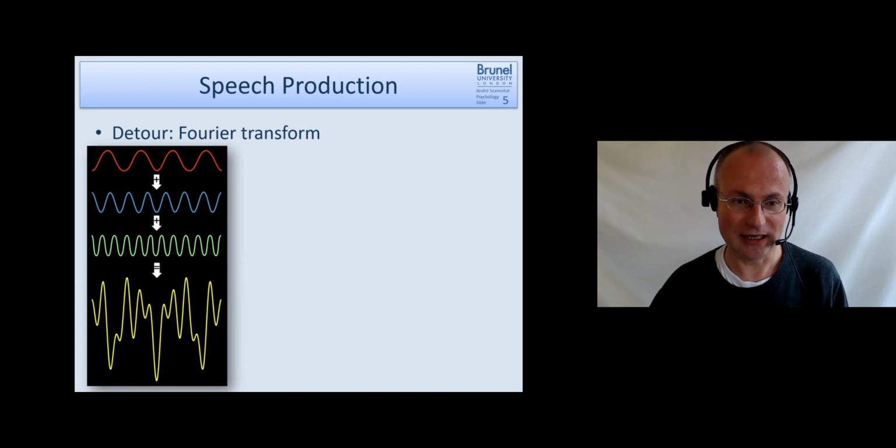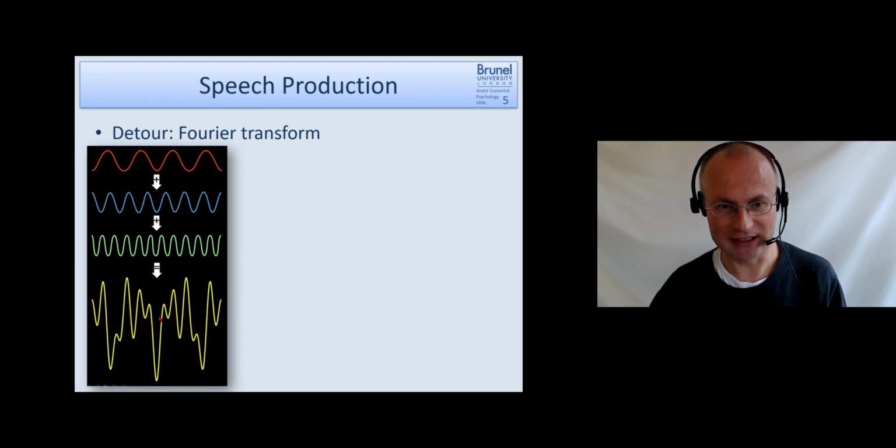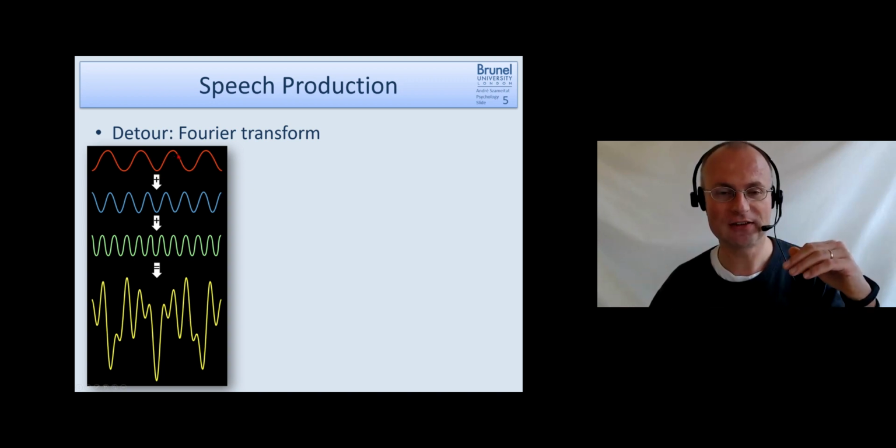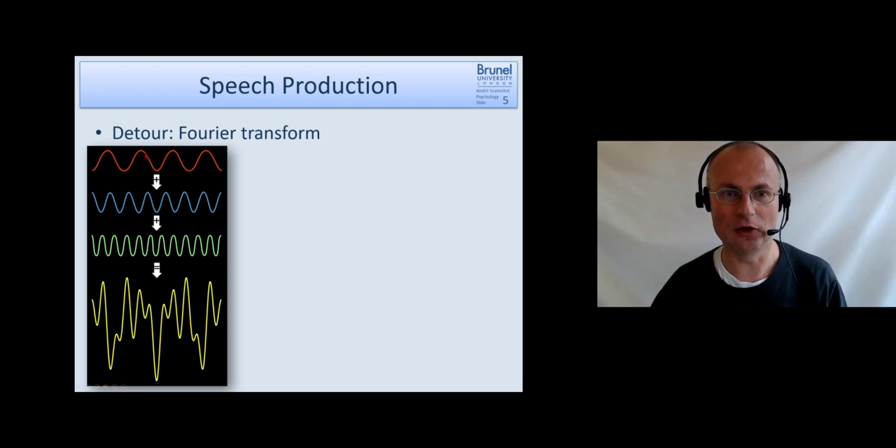And when we do that, we may see, oh, this complex signal is actually just an overlay of these three signals. It's a rather slow wave, so it would be a low-pitched sound, and a wave with a higher frequency, so a middle pitch, and then a high frequency. So if you just overlay these three over each other, you get this one.